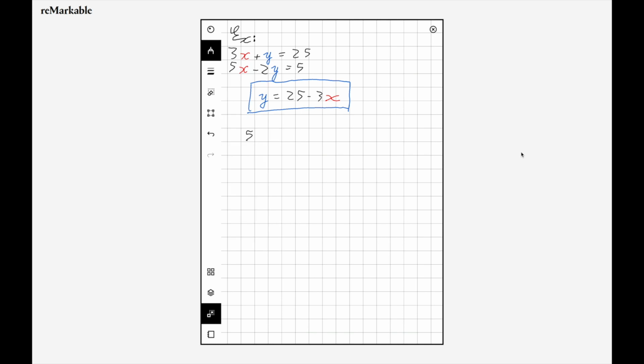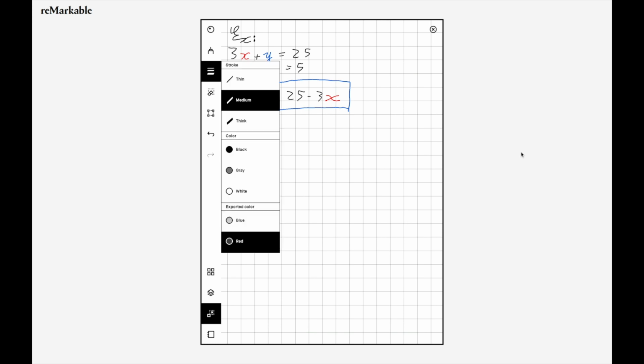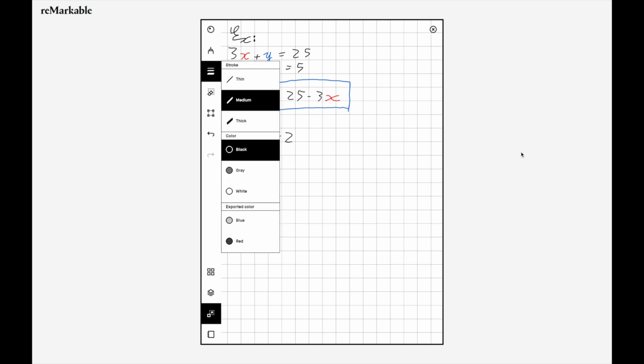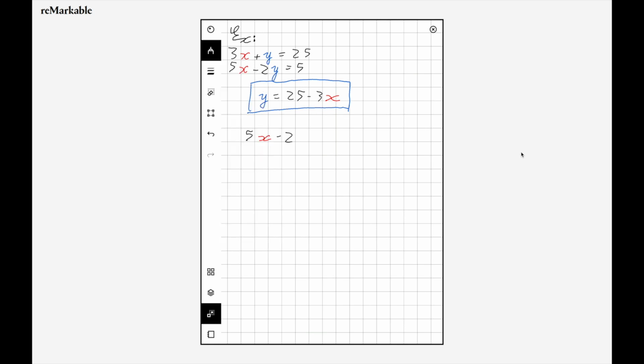Let's do exactly that. So 5x. This is our second equation, but again, we're plugging in the expression for y as a replacement for y.